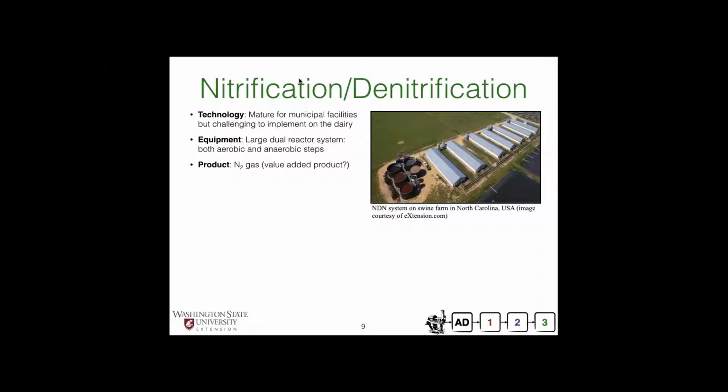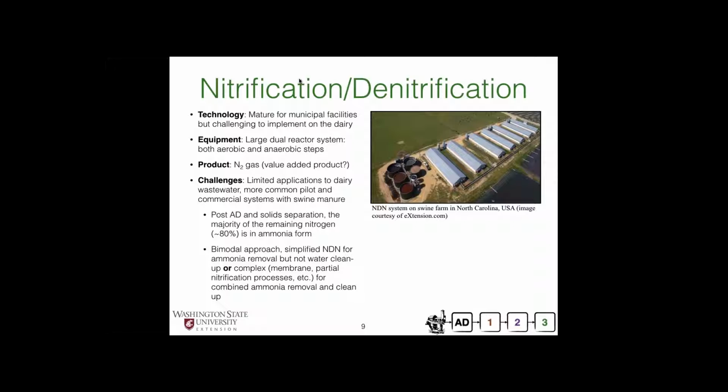This brings up a question about how the different manures contribute to the different biorefinery concepts, and we might get into that a little later. But the difficulty here in the nitrification denitrification technology is that we're going for a product which is essentially atmospheric nitrogen. And so how do we incorporate that into the biorefinery concept as a value-added product?